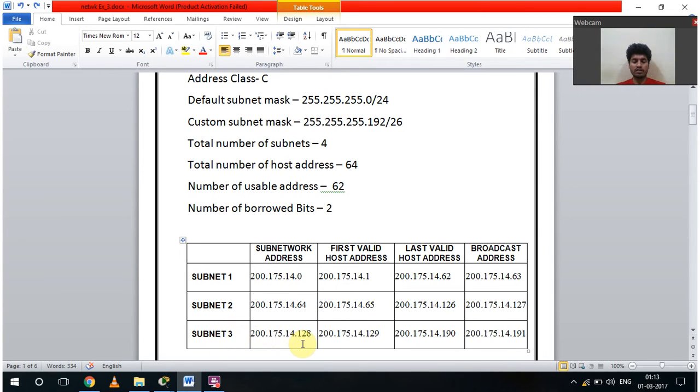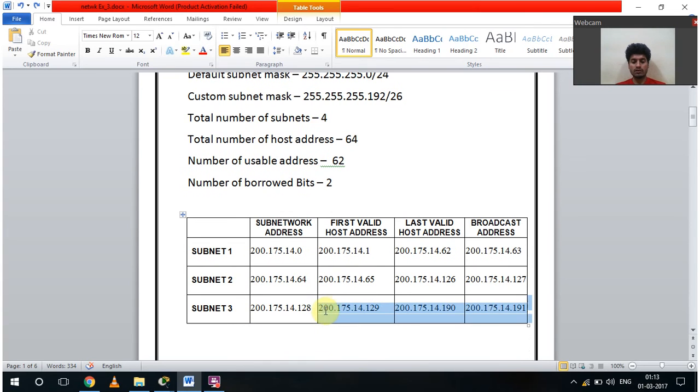Then the first valid address for the third subnet will be 200.175.14.129, and the last valid host address will be 200.175.14.190, as we can keep these 2 bits as 10 and the rest 8 bits as 1, so we get 191, and the address just previous to that will be the last valid host address for the third subnet, 200.175.14.190.